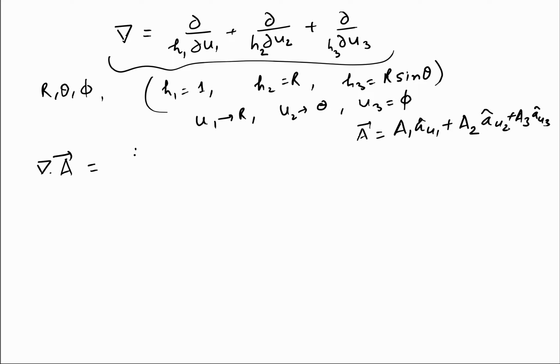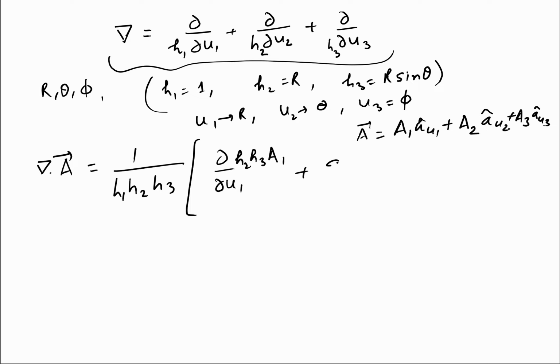In general terms, it is 1 by h1 h2 h3 times dou by dou u1 of h2 h3 A1, plus dou by dou u2 of h1 h3 A2, plus dou by dou u3 of h1 h2 A3.